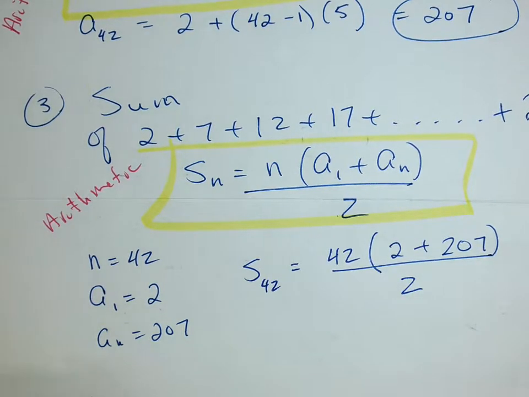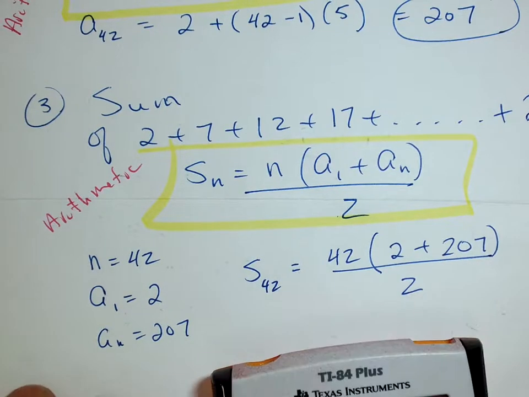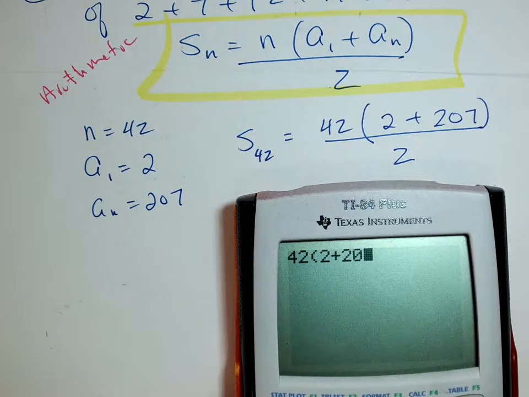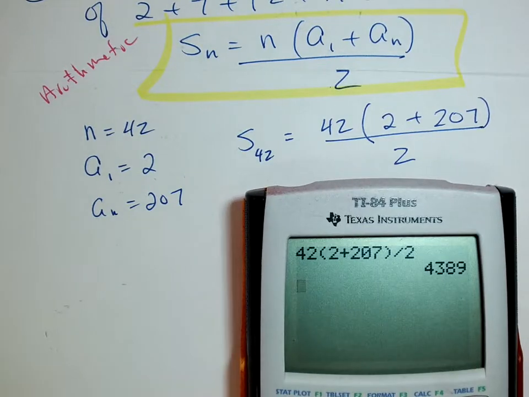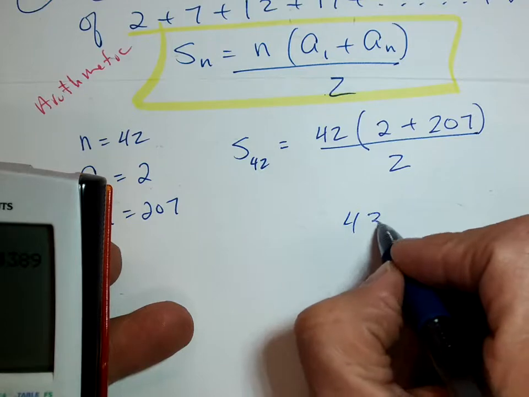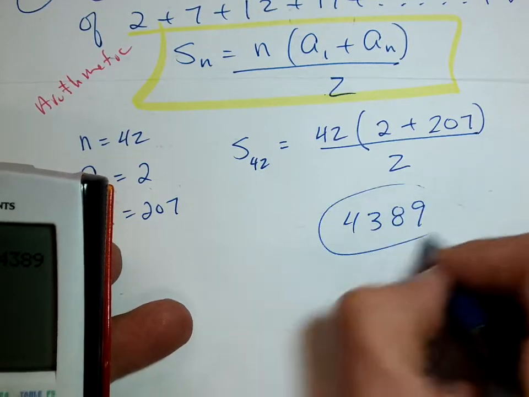I'm just going to use my calculator. 42 times (2 plus 207) divided by 2, and I get an answer of 4,389.